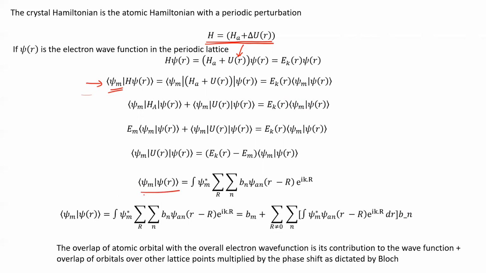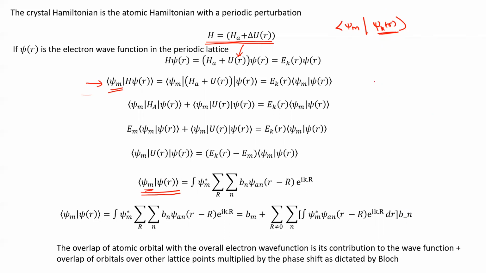This bracket basically means an overlap integral. So here psi m is an atomic orbital. I'll just write here: basically it is psi m acting on psi k of r. Psi k of r, as we saw previously, is a solution of an electron in the entire periodic lattice.